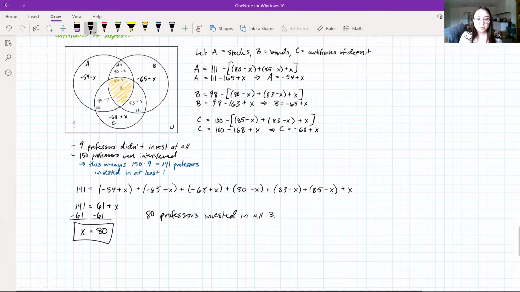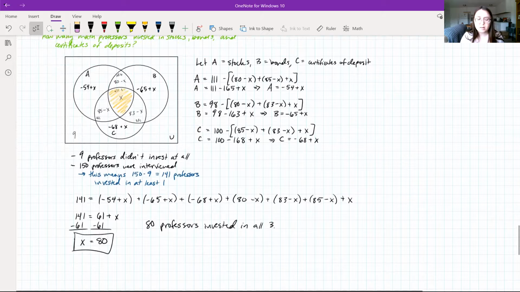Now, if you notice, between A and B, or between our stocks and bonds, 80 people invested. That means that 80 people of the people that invested in just stocks and bonds also invested in certificates of deposit.